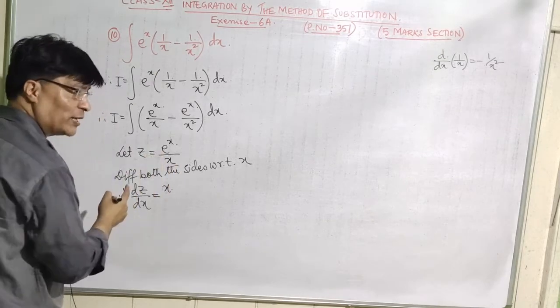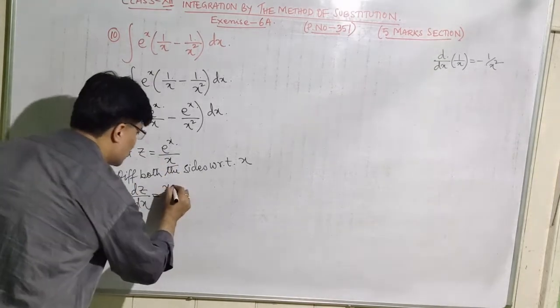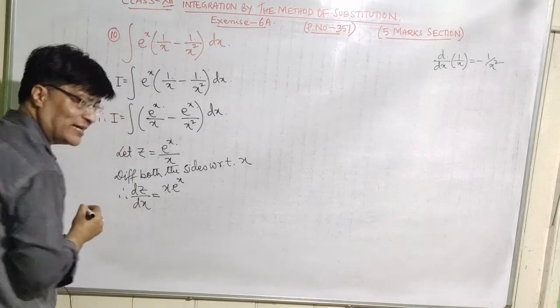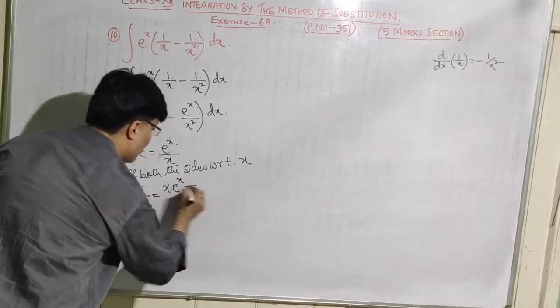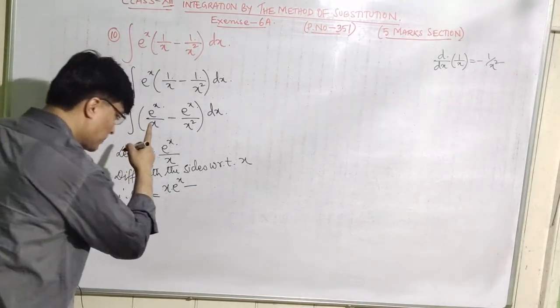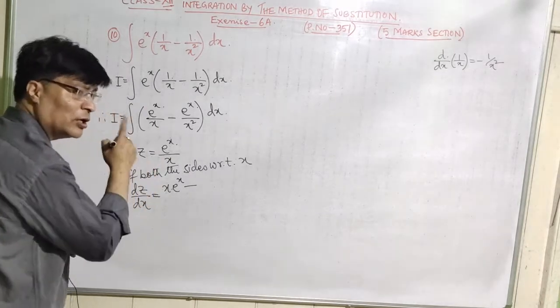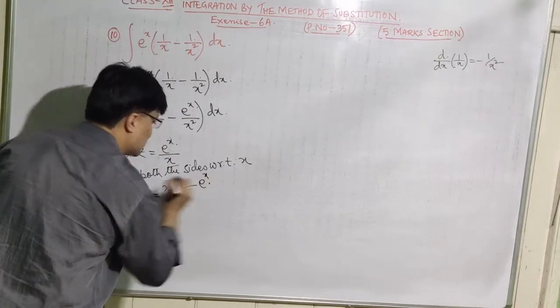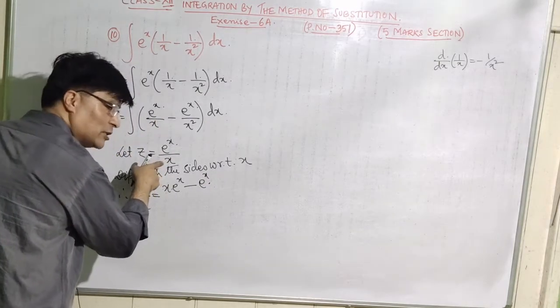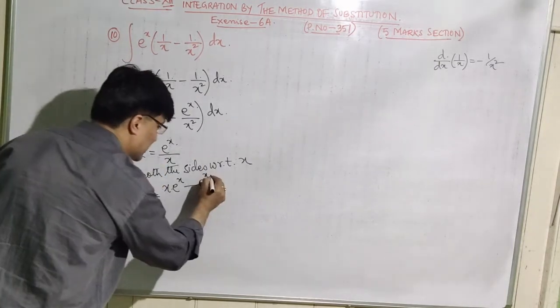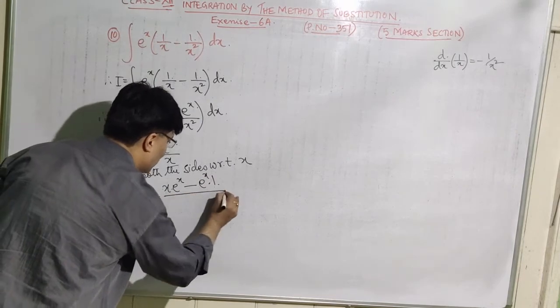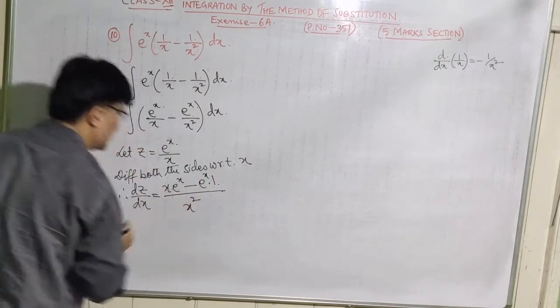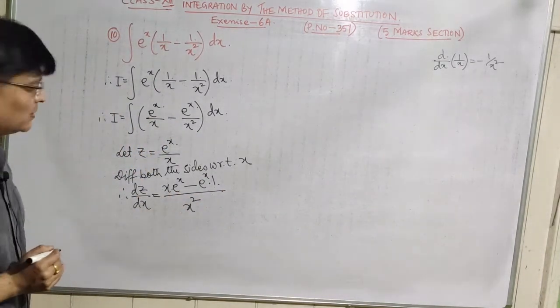Now differentiate the numerator. What is the differentiation of e to the power x with respect to x? That is e to the power x. Minus, next, now you have to keep the numerator as it is, e to the power x into the differentiation of the denominator x with respect to x, that is 1, whole divided by the denominator whole square, that is x square.